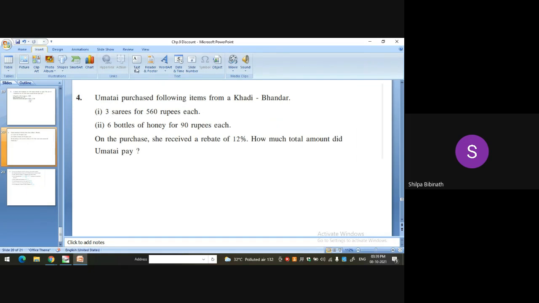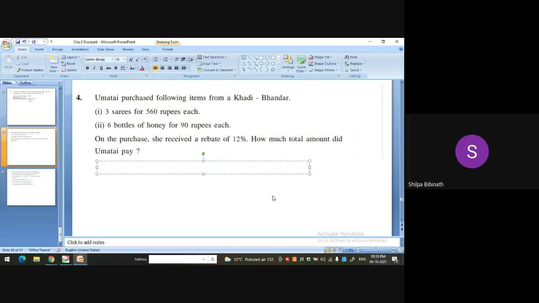First we have to see how much total amount it will cost for 3 saris and 6 bottles all together, how much she will pay. On that only we can calculate the rebate. So that is the reason. First write cost of 3 saris.